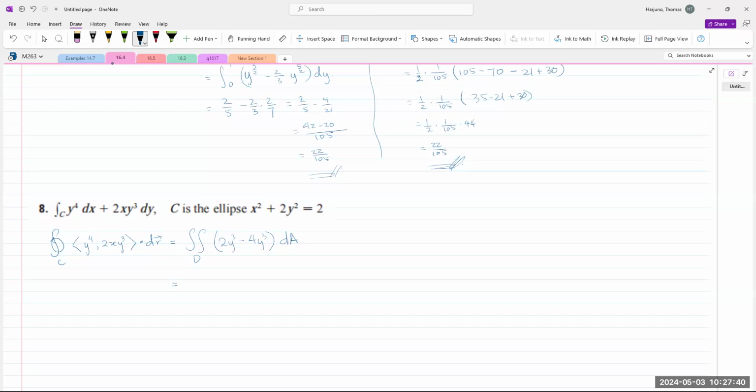And then this is the double integral over D of negative 2y cubed dA. How to integrate that?